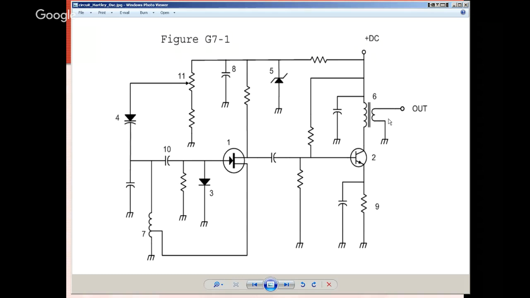It's an amplifier output transistor, and then you have an NPN transistor as number 2 here. Symbol 9 is a fixed resistor. You can tell the difference: it's just a little squiggly line without this little arrow that you see here, but it is a fixed resistor. And symbol 3 is just a simple diode.